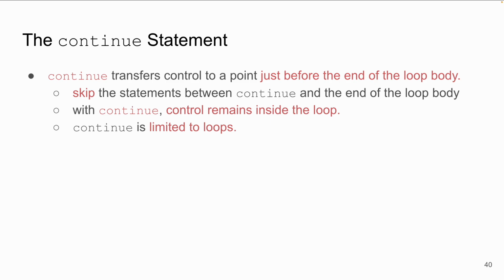So it can skip the statements between the continue statement and the end of the loop body. When we use continue, the control still remains inside the loop, so we do not jump out from the loop. We just skip all the statements between the continue and the end of the loop body.